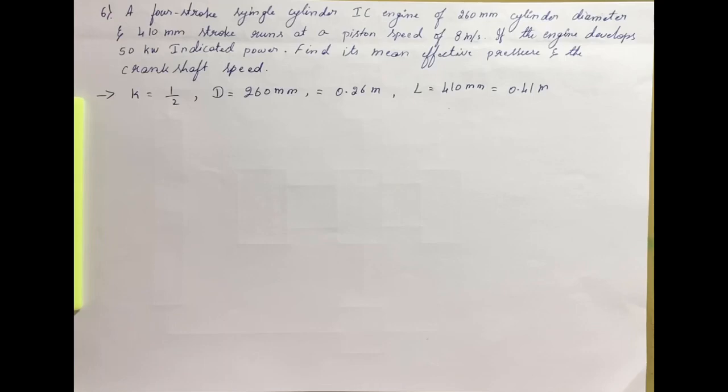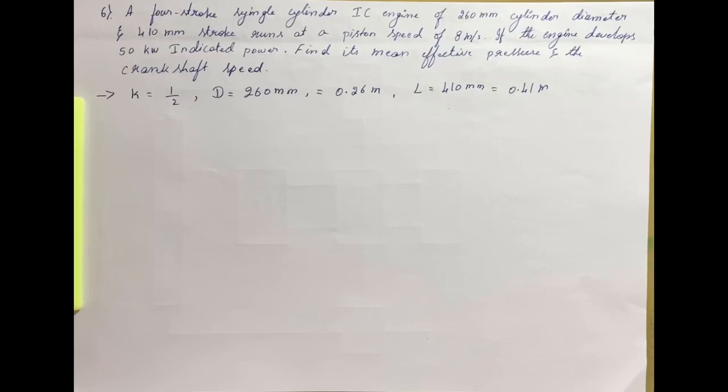One rotation is equal to 2 times the movement of the piston, once from top dead center to bottom dead center, and once from bottom dead center to top dead center, into the length.